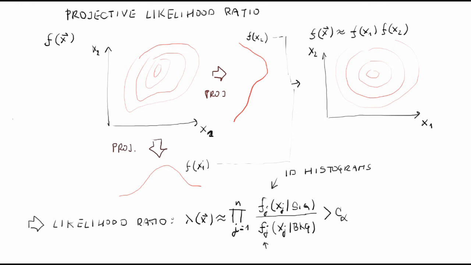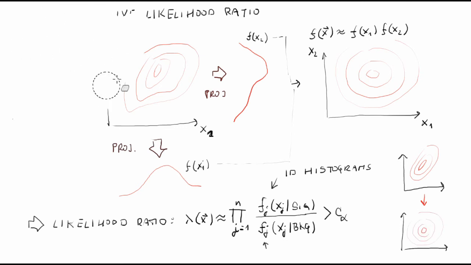However, the neglect of correlations might lead to a low performance. You can imagine that an approximation of a very narrow inclined ellipse by a circle might not be the best thing. The last method to be discussed today is the Fischer discriminant.